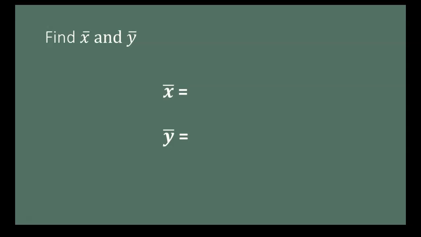So x bar, that's just the average of all x values, right? So all of your x values are in your first list or your first column. So we need to find the average of those, and your x bar will come out to be 233. And then y bar, we need to find the average of all of our y values, and that comes out to 70.